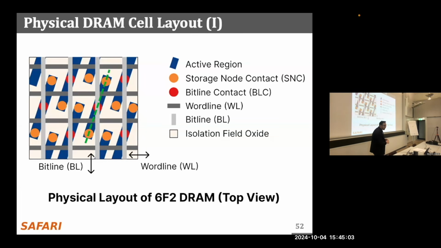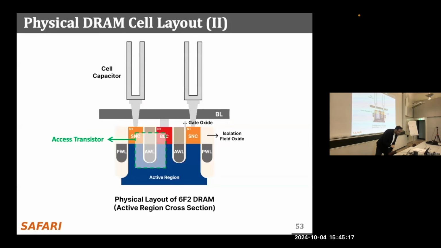Now we will look at the cross-section along this axis. This was top-down; now we will look from this side. It looks like this, and the color coding is the same. You have the storage node contact, the orange or yellow ones. I'm not really good at colors.